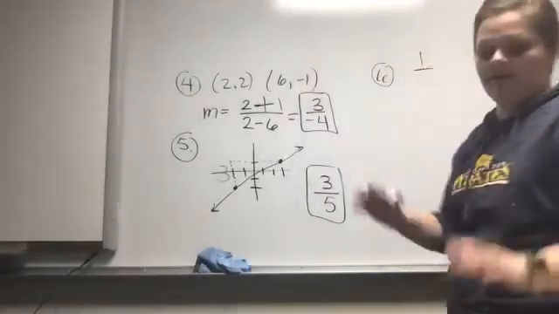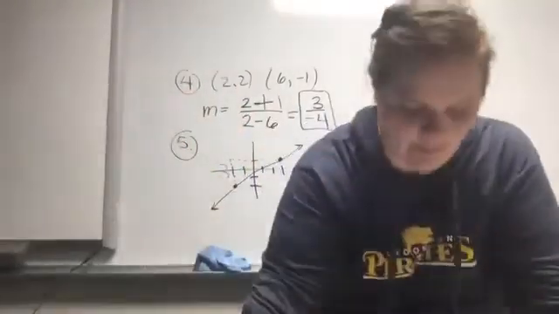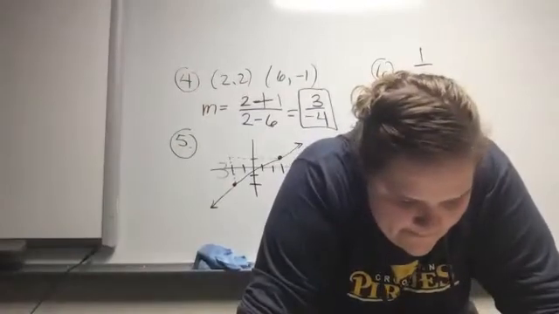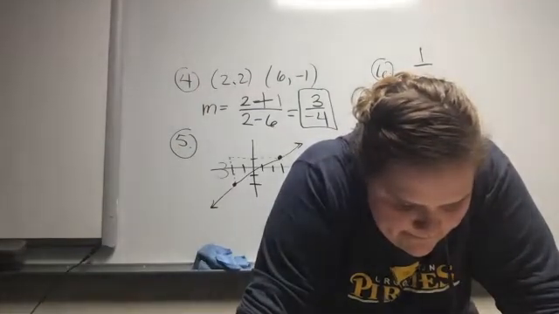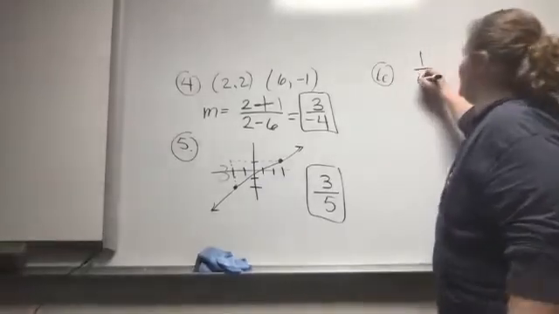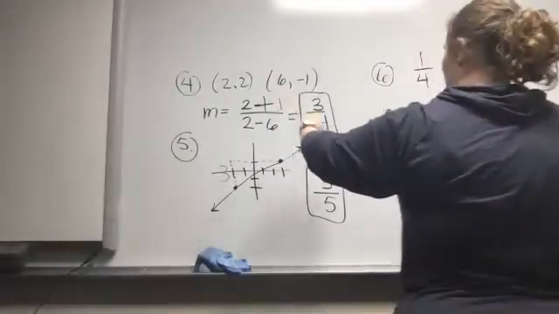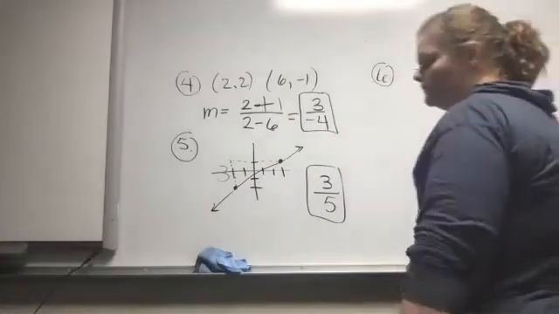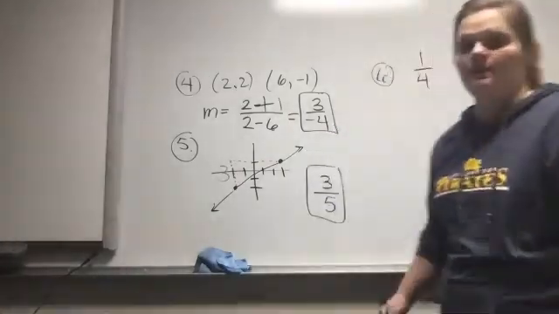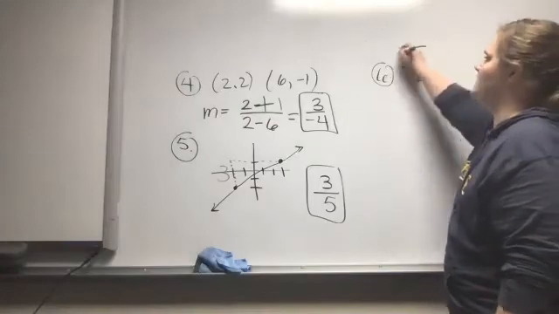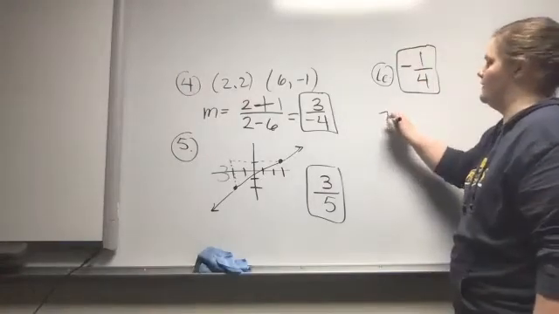Okay, how many did it run from one point to the other point? 4. 4, good. And then you have to ask yourself, if I was that matchbox car, from left to right, am I going uphill or am I going downhill? Downhill. Downhill, so that is a negative 1/4.